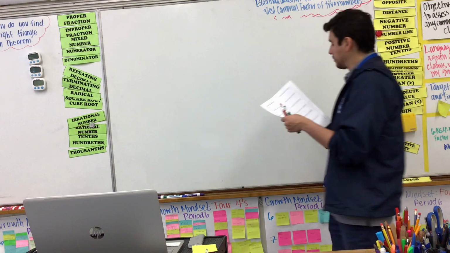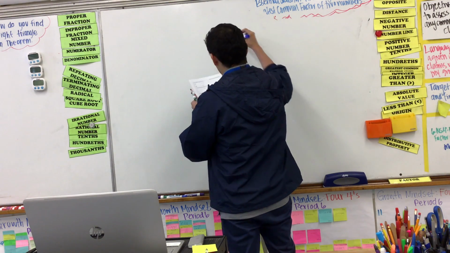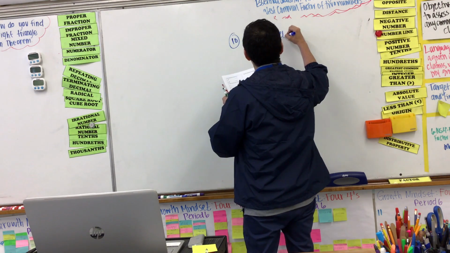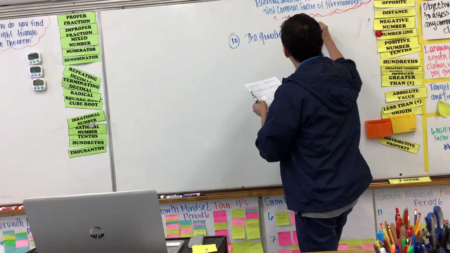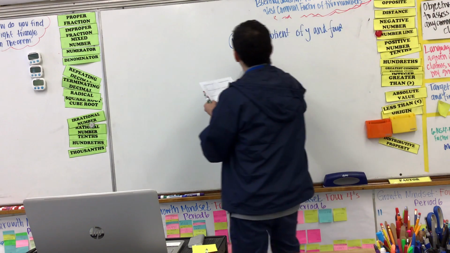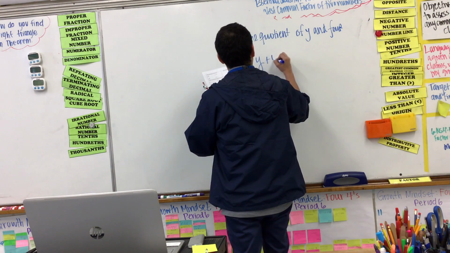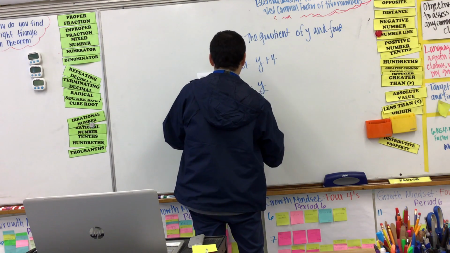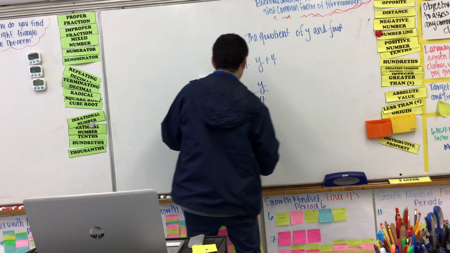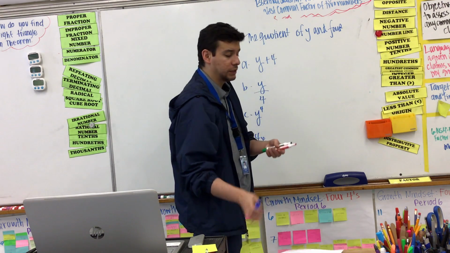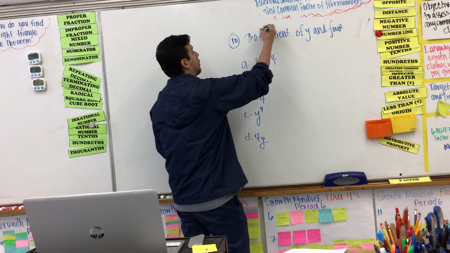Okay, number 10. The quotient of y and 4. So you're given these answers. So first of all, you need to understand what the word quotient means.